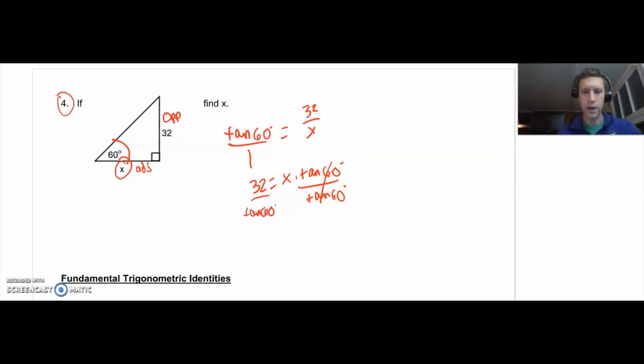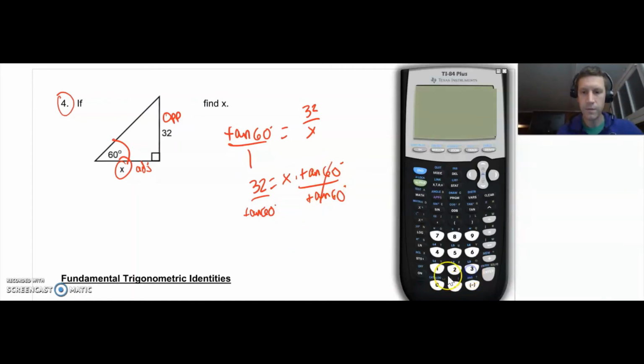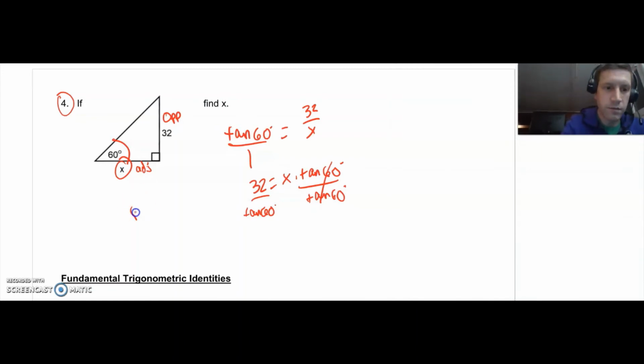And we can plug that in the calculator. Make sure you're in degree mode. I am from last time. And we get 18.475.